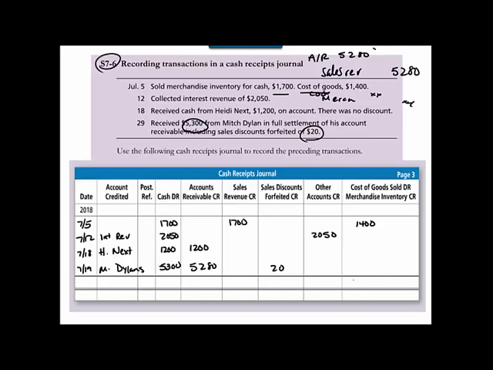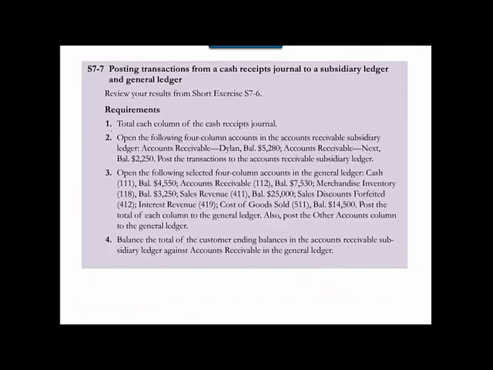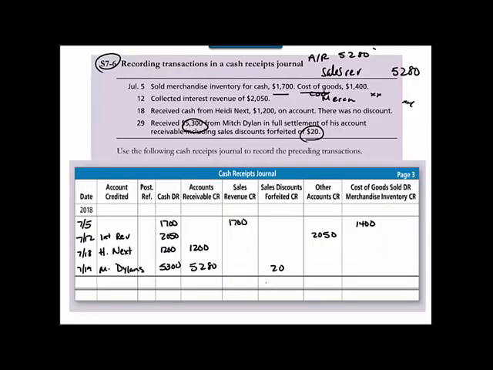For the next one, 7-7, they said, okay, total up each column. So if I total these on 7/31, the total cash I collected or debited was $10,250. The total credits to accounts receivable are $6,480, and then revenue was 17.